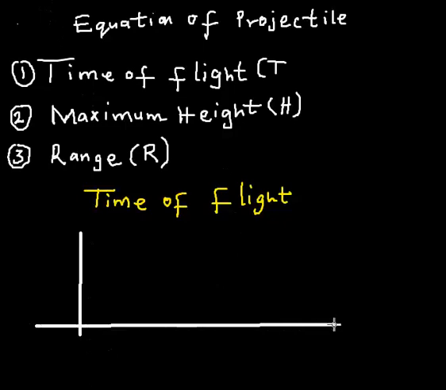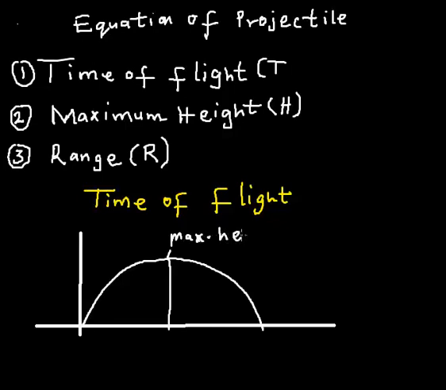So if I want to analyze the time of flight of a projectile, I will divide the motion into two halves. The very first half is the time it takes the projectile to reach the maximum height, and the second is the time it takes the projectile from the maximum height to reach the ground level.